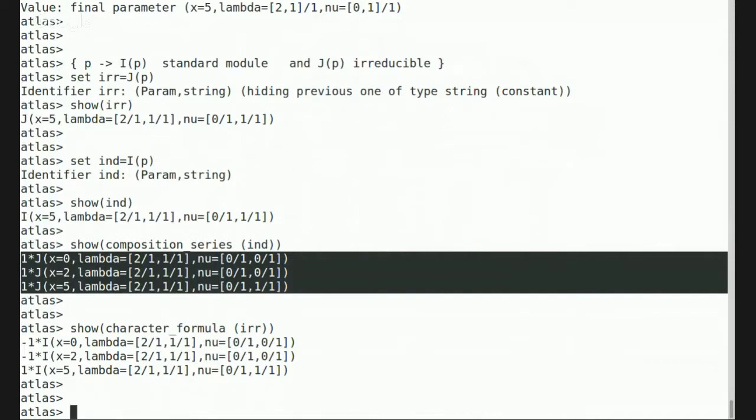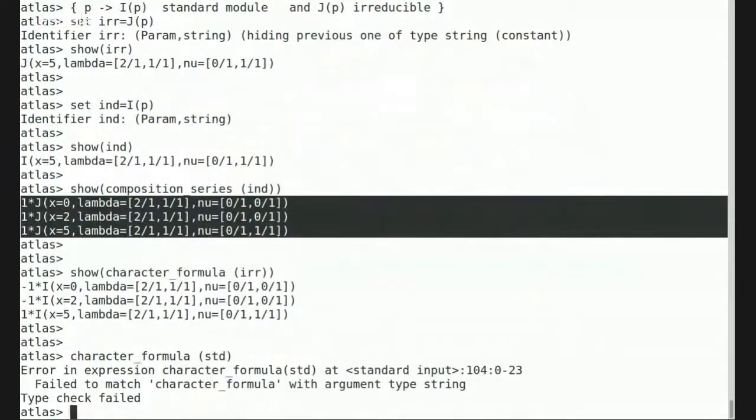And another feature of this syntax is the following. If you ask for the character formula of a standard module, well, that's almost certainly a mistake. You don't usually ask for the character formula of a standard module, and the software will wisely refuse to do it. It will say it's the wrong kind of argument.